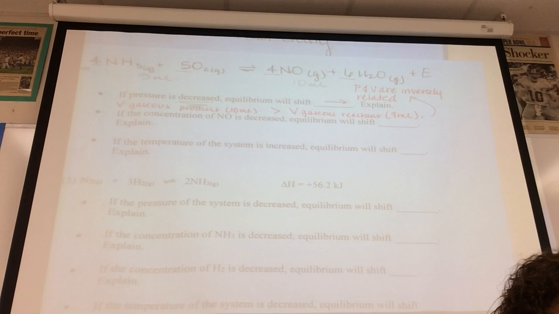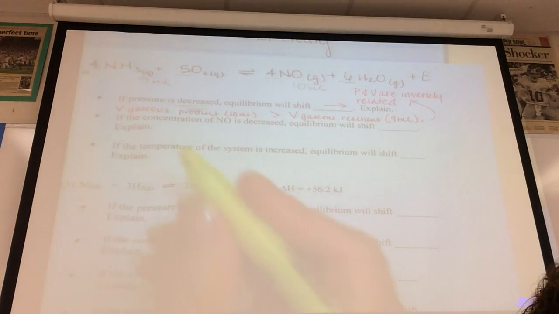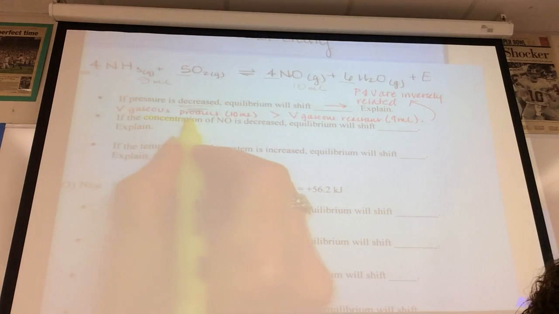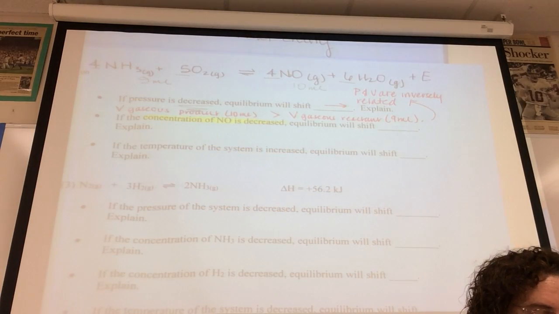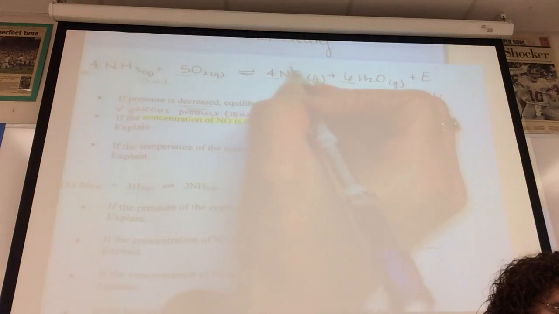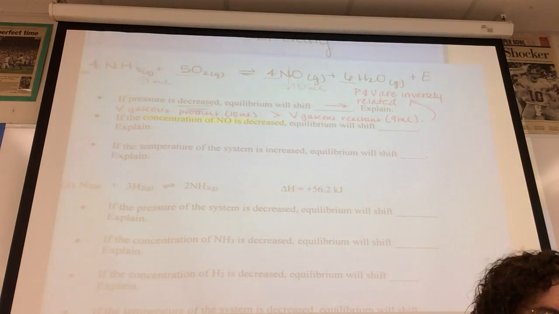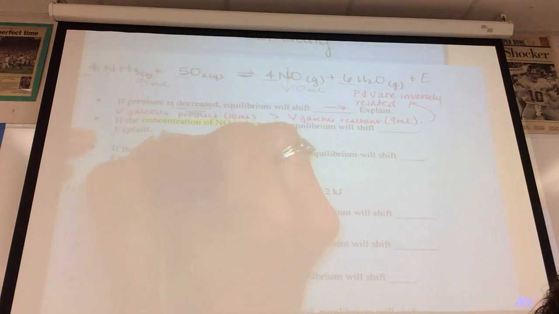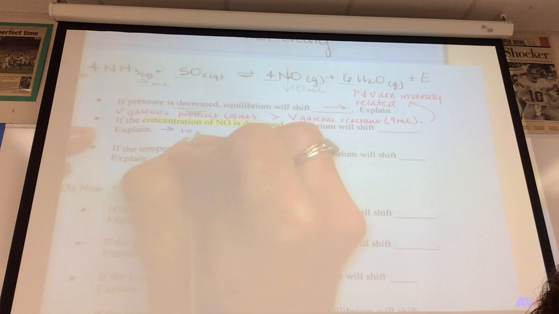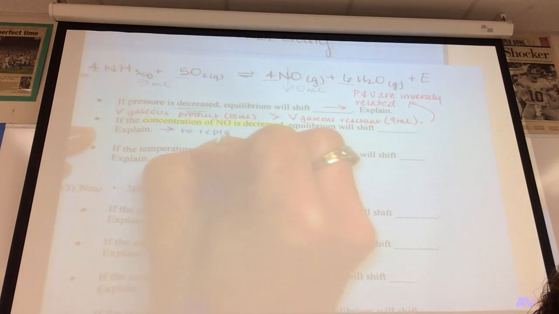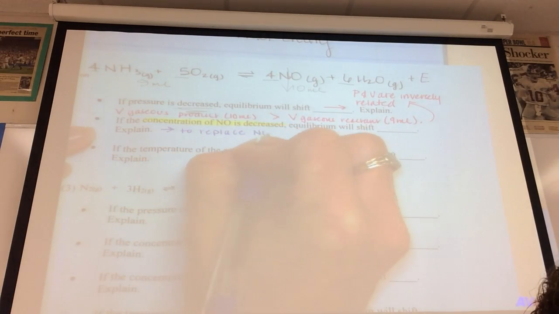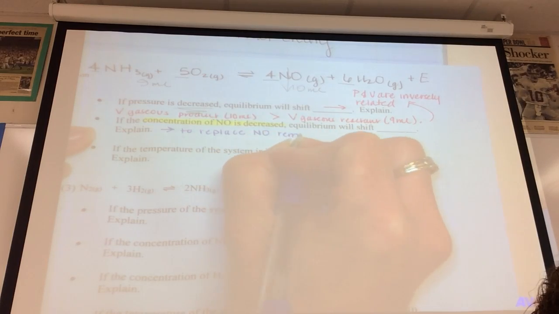If the concentration, this is just putting it all together. If the concentration of nitrogen monoxide is decreased, equilibrium will shift to the right or forward direction to replace nitrogen monoxide removed.